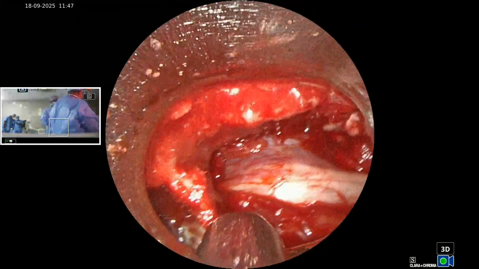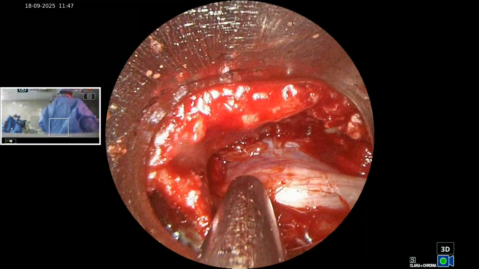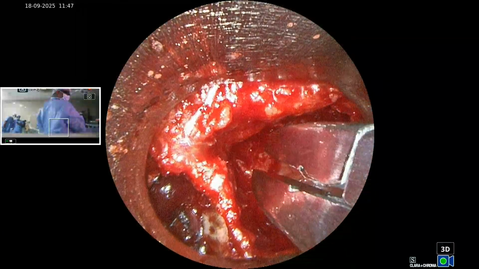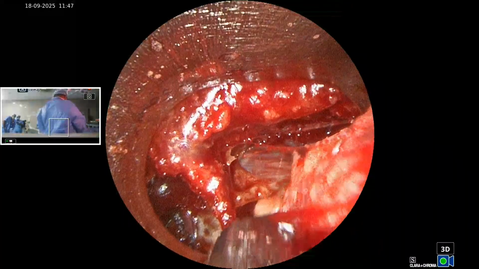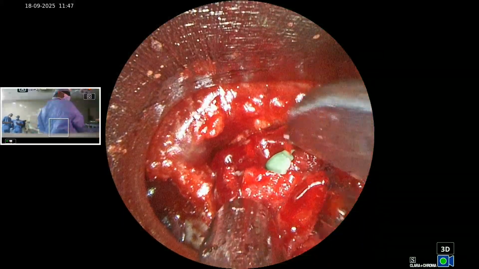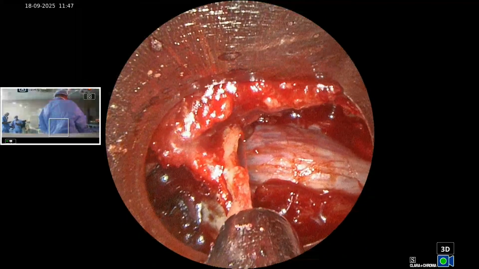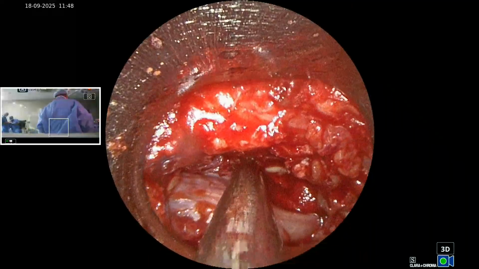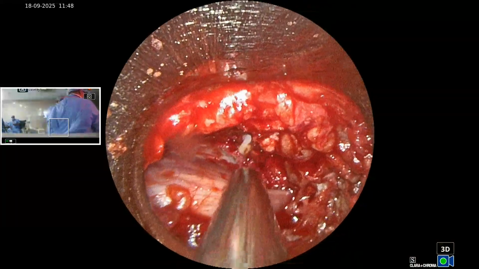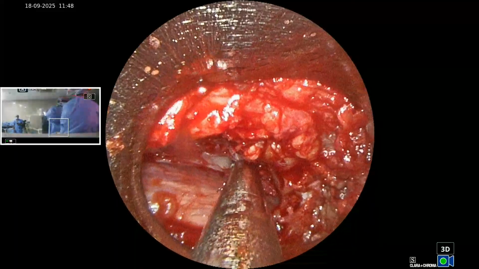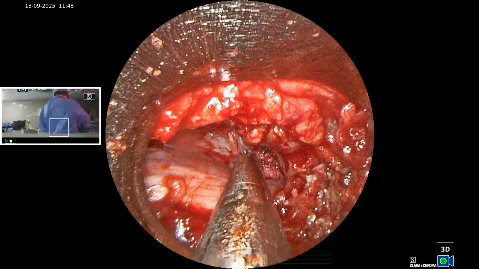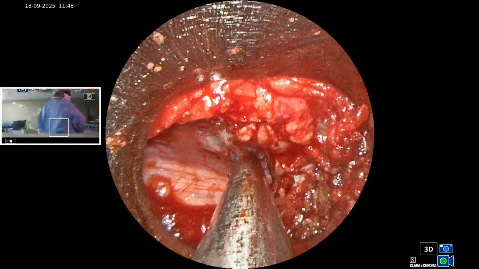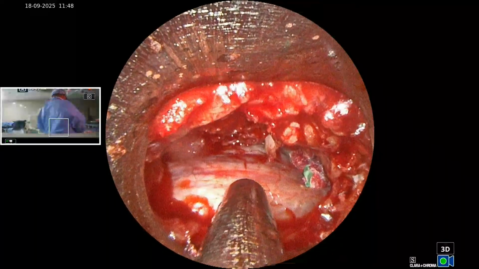Disc. Okay, 45. Photo. Nerve root is very clear up to the foramen. Look, 45.